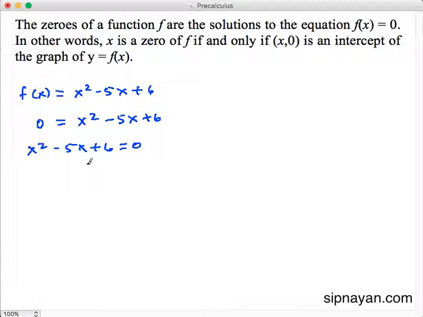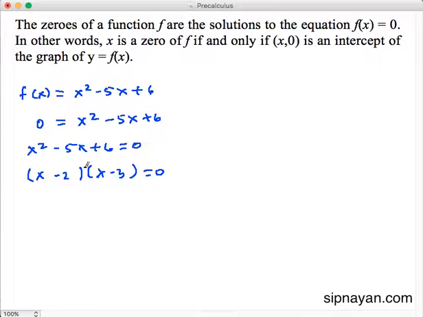And pag may quadratic equation tayo, ano ba ginagawa natin? It's either we factor or we use the quadratic formula to find the value of x. But I think this is obvious na factorable siya. This is x minus 2 and x minus 3 is equal to 0.